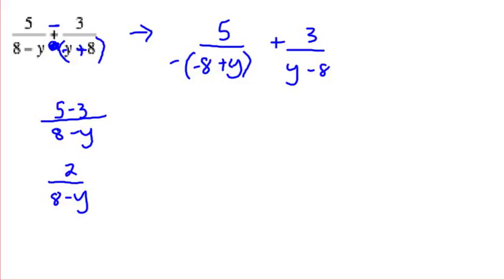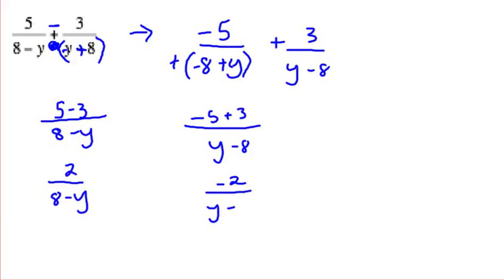But of course I don't want a negative in the denominator of a fraction, and I need both of these to be identical. So I'm going to take this negative and move it up to the front, and now that's a positive. So I have negative 5 plus 3 divided by y minus 8, which gives me negative 2 divided by y minus 8.